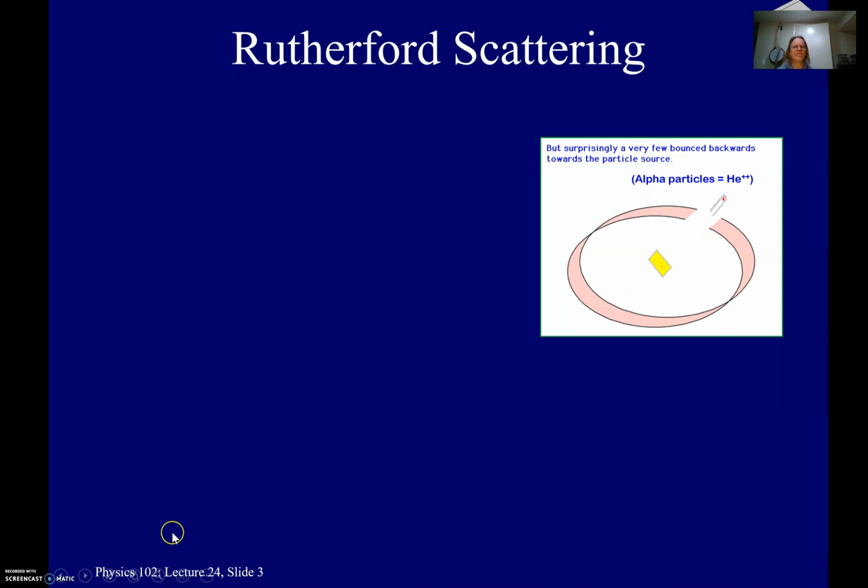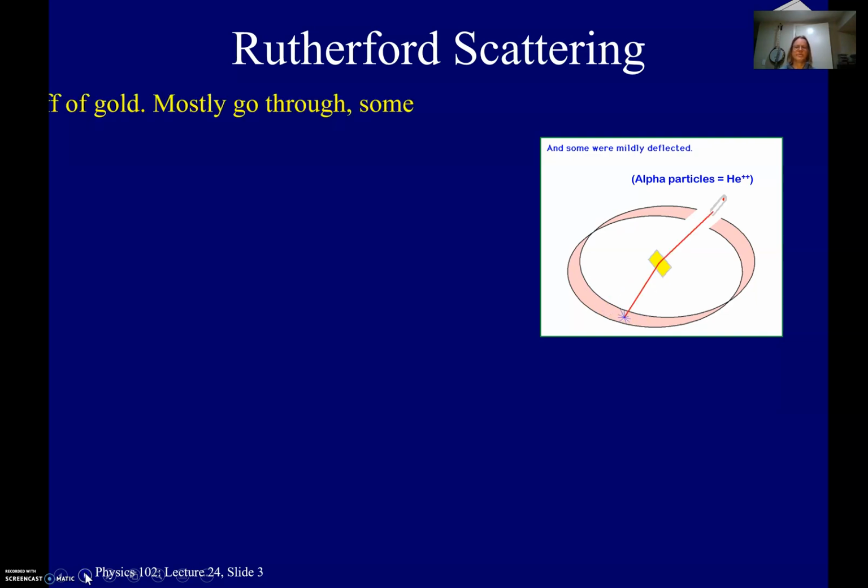Most everything he shot went right through the middle without interacting with anything. But every so often something went backwards. In other words, you hit something pretty solid every so often, but it wasn't very often at all. That's where we found out there's something pretty solid in the middle, and that's where our modern idea comes from, that all the mass of an atom is very densely located right in the middle, which is the nucleus. That's our modern idea of where the nucleus is located, from this Rutherford scattering.